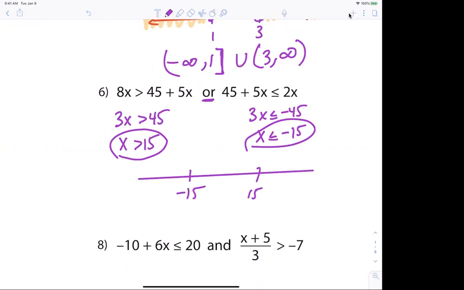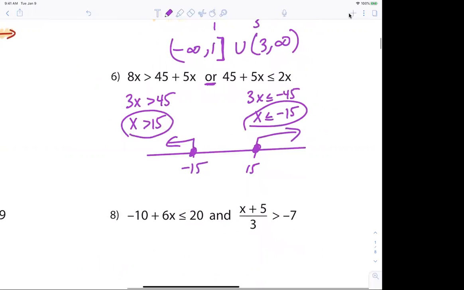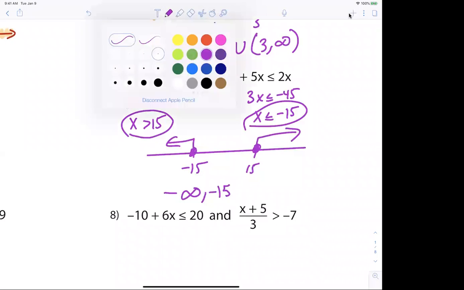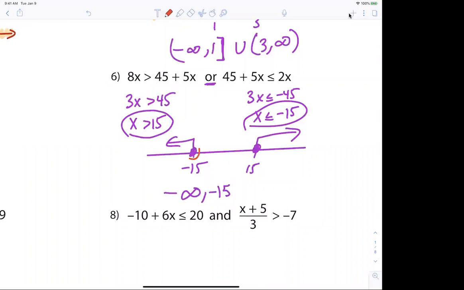If I'm less than or equal to -15, I'm going this direction. Greater than 15, I'm going in this direction. So you should be able to look at that. Remember, now we're going from negative infinity to -15. I made a mistake here. This is less than or equal to, so it's solid.